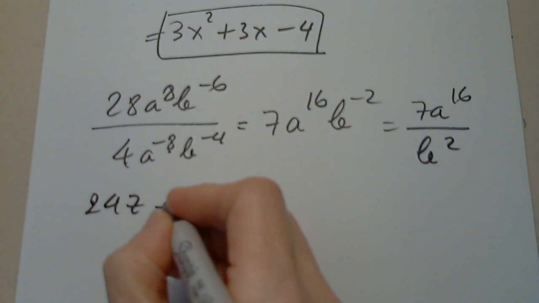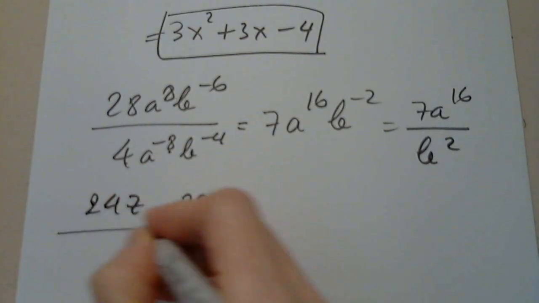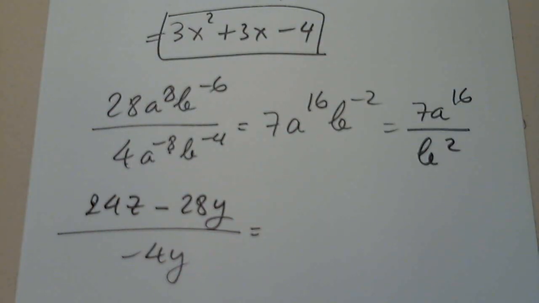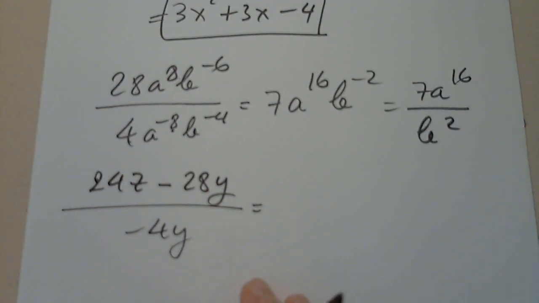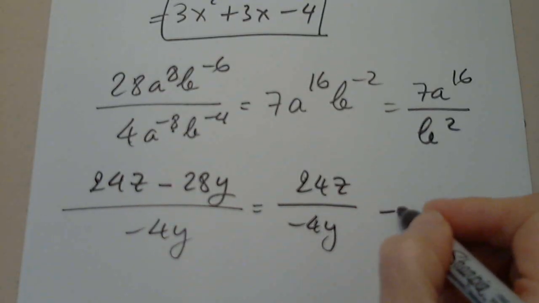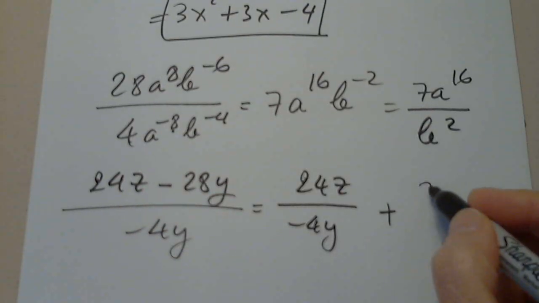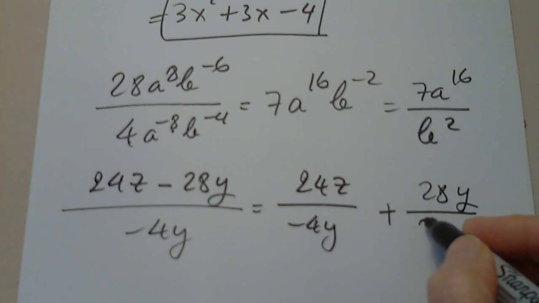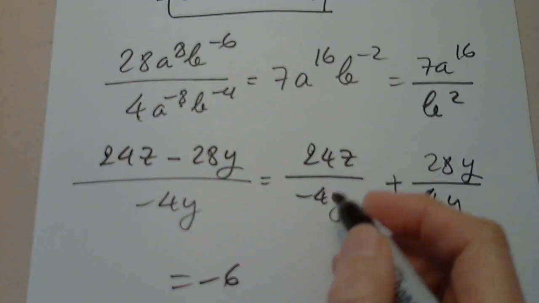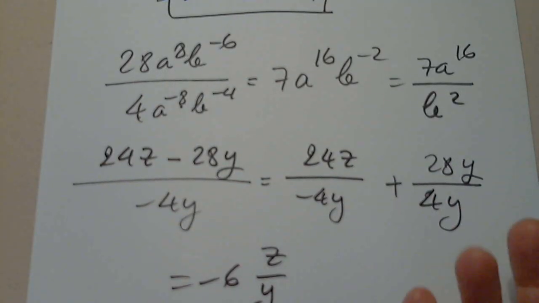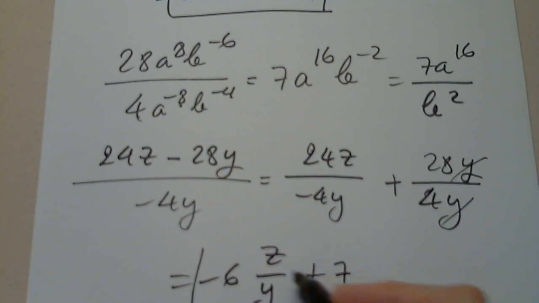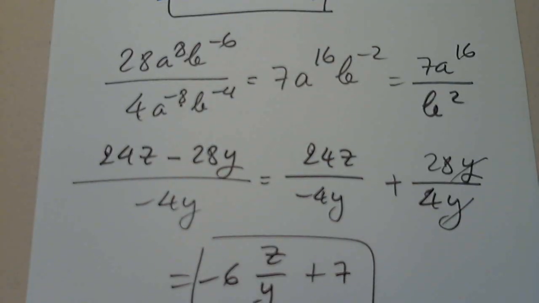So 24z minus 28y divided by negative 4y. The only chance we have is separate into two fractions. 24z divided by negative 4y minus minus will be plus 28y over 4y. So here I have negative 6 and z over y has to stay as is. There is nothing I can do, but here I have positive 7. And that's it.